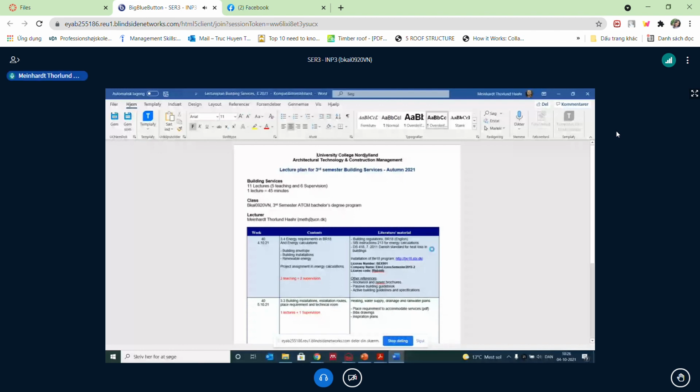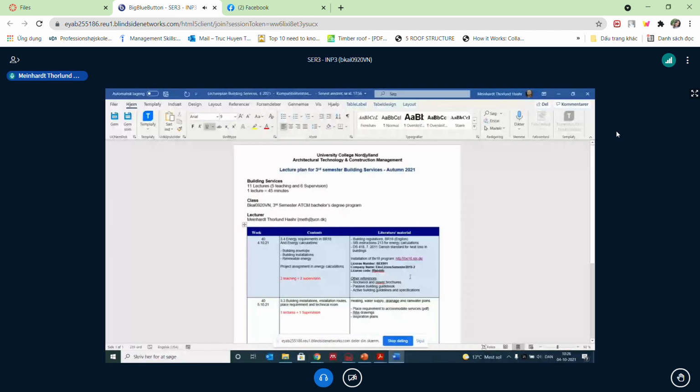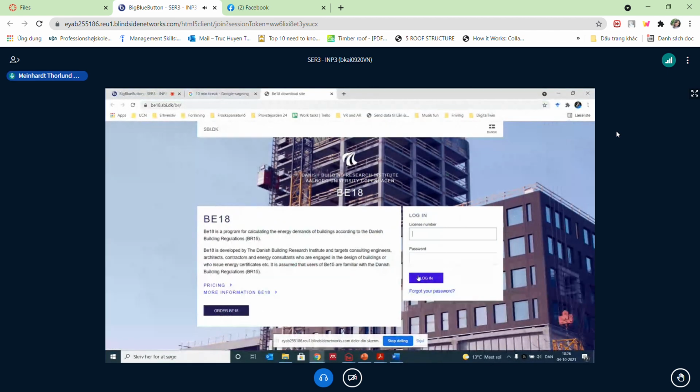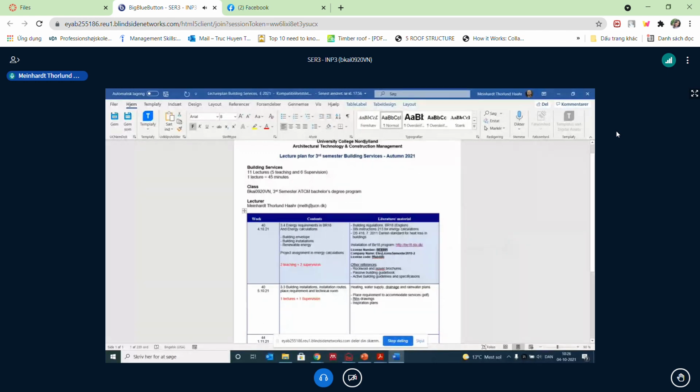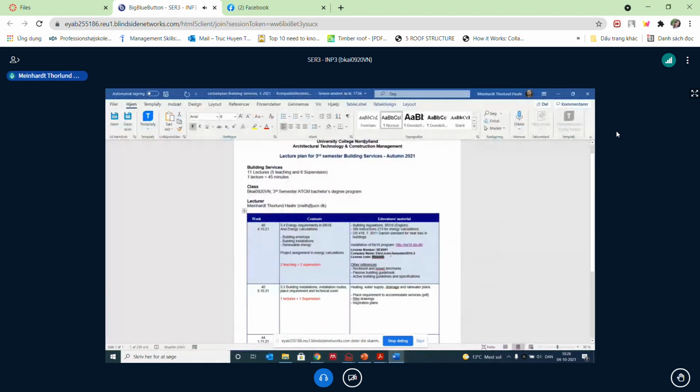Okay, if I go to this link, you can log on here using this information, basically a license number and code. When you log on, let's try it. It doesn't work. Okay, this is the old one.